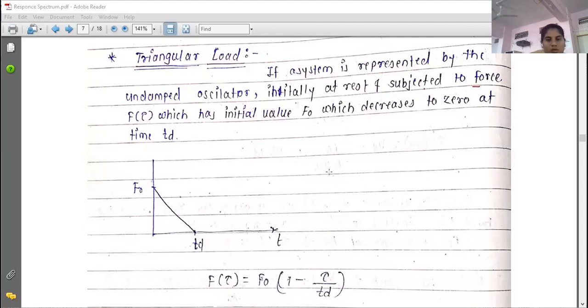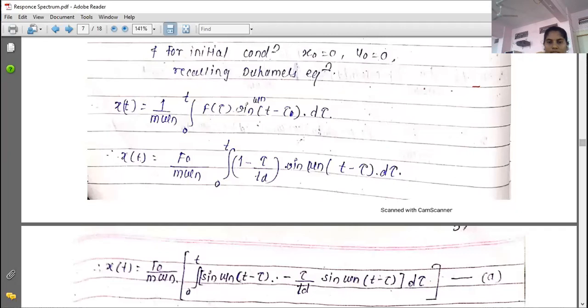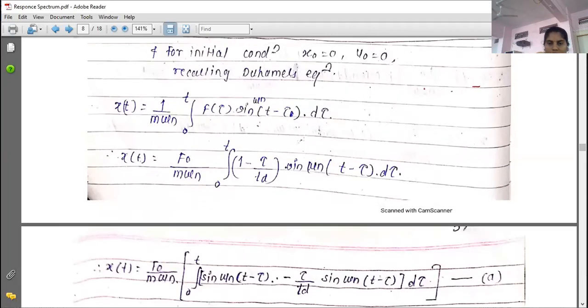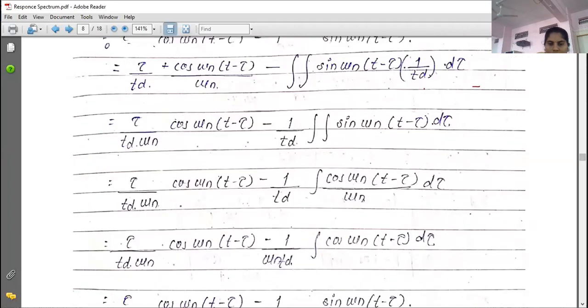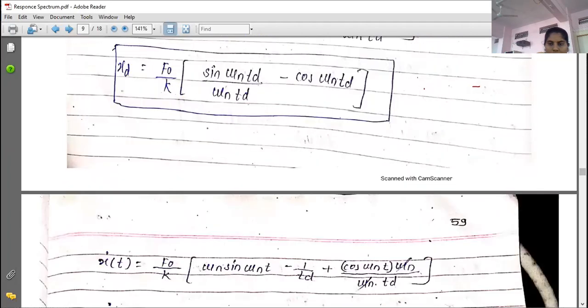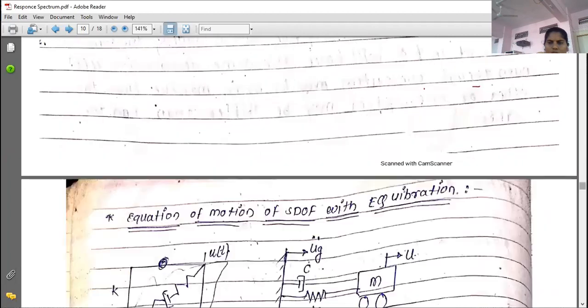Okay, so these triangular loading conditions you have to try at your home, because it is a big derivation, but only the boundary conditions, the same boundary conditions were used here.